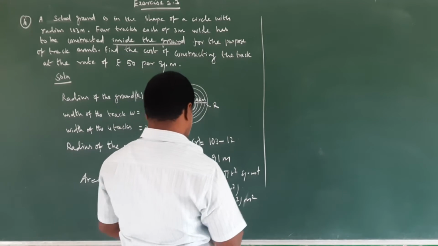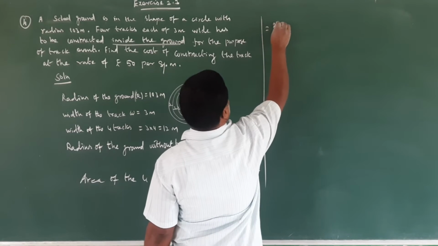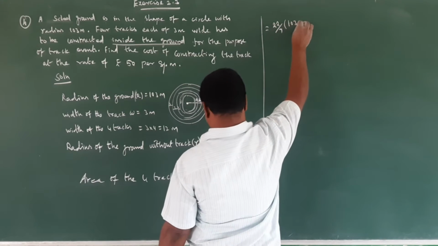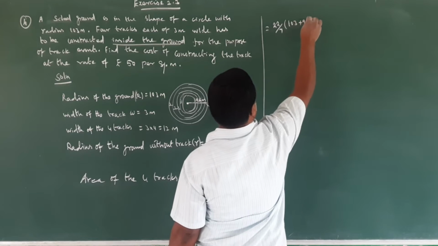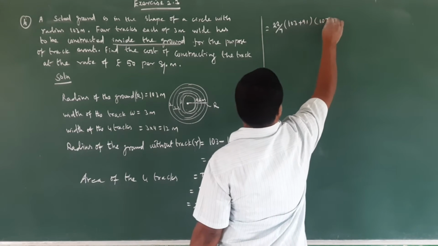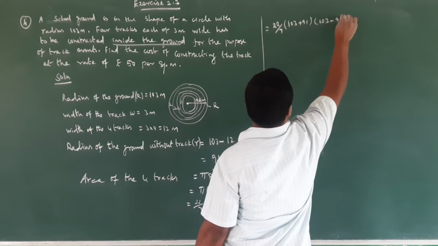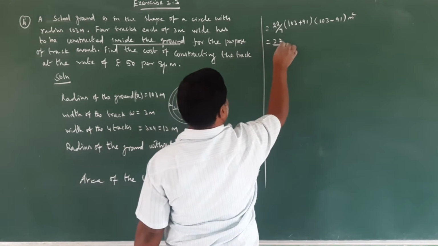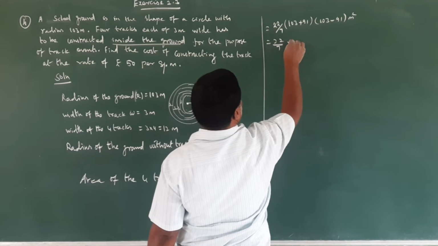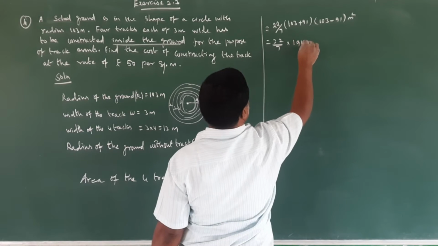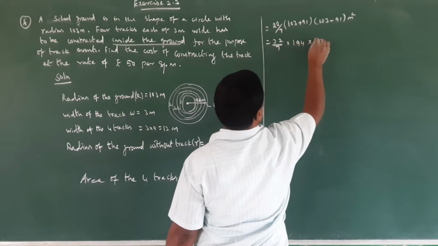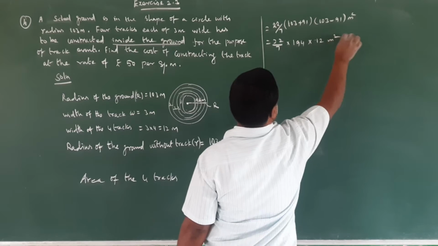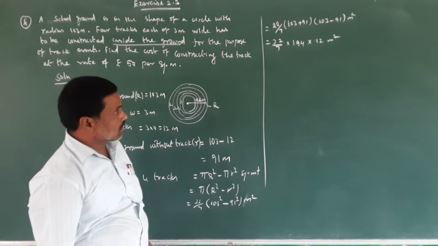Now 22 by 7 into 103 plus 91, 103 minus 91 meters square. Now 22 by 7 into 194 into 12 meter square.